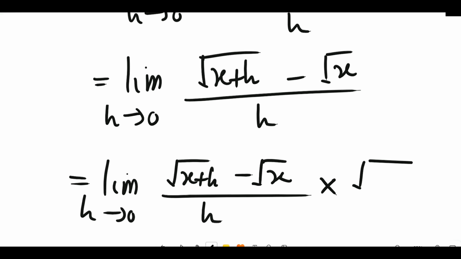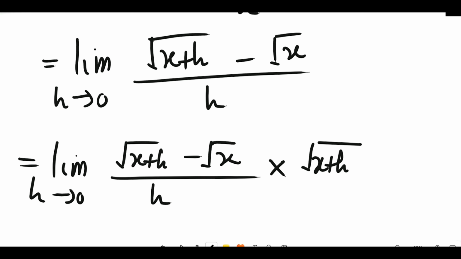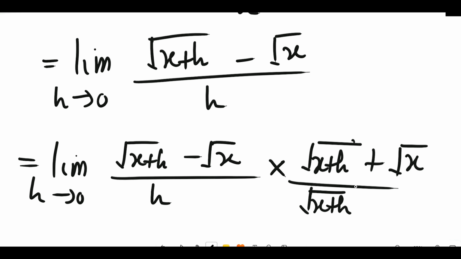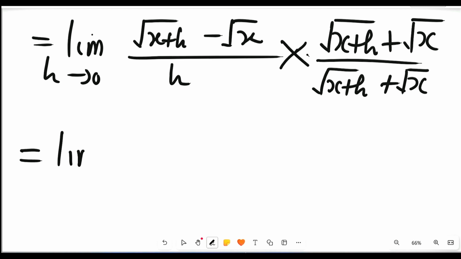So we will be getting square root of x plus h plus square root of x divided by the same thing, square root of x plus h plus square root of x.